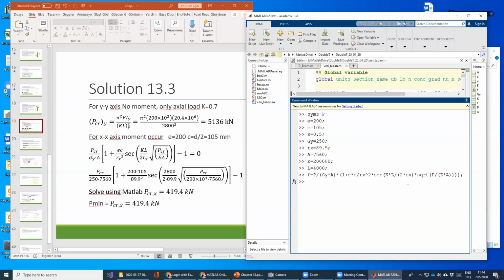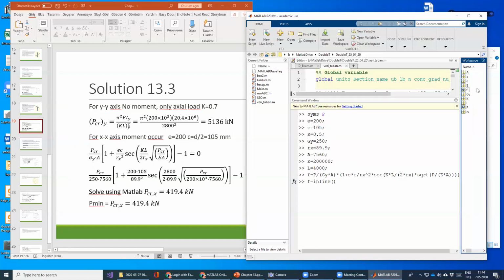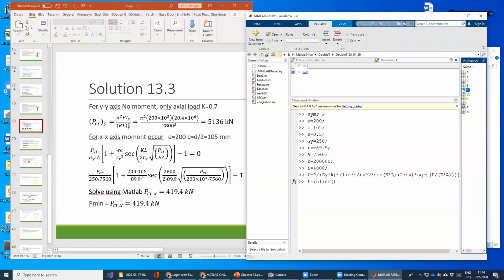Good. So after that I will need to convert to the inline function. If you want to learn something about MATLAB, I want to give a little bit of detailed information. If I define one term as symbolic and the other term as a constant, f becomes a symbolic term.